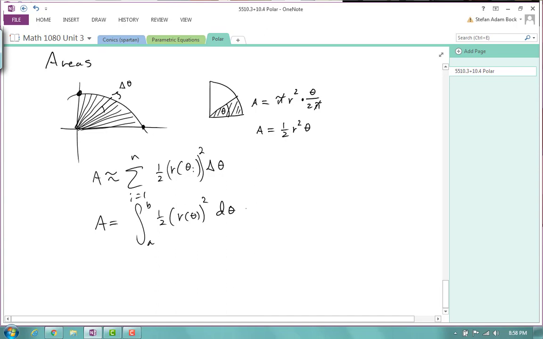Or, if we're feeling particularly lazy, the area is given by the integral of 1/2 r squared d theta. So we should probably pick one of these to find the area of.